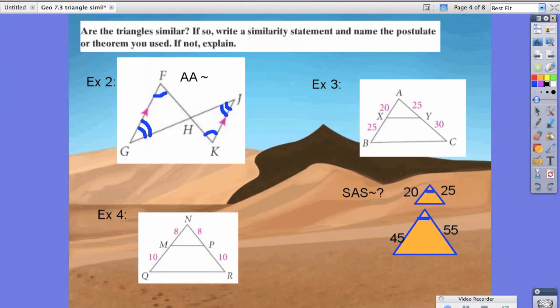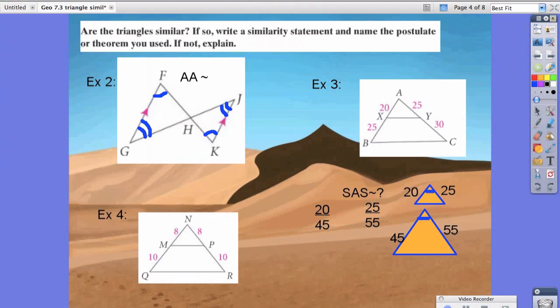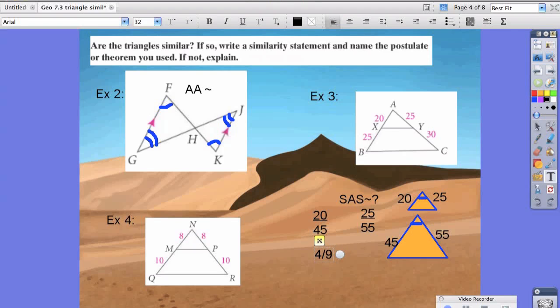So the ratio between 20 and 25, and 45, the two left sides of the smaller triangle and the bigger triangle, and 25 to 55, when we reduce the 20 over 45, this turns out to be 4/9 because they both have a 5 in common. When we do the same thing here, this turns out to be 5/11.